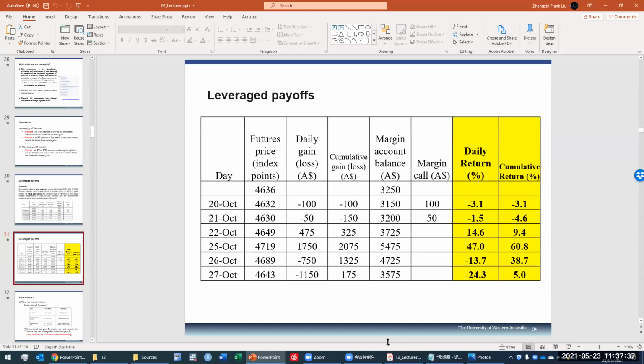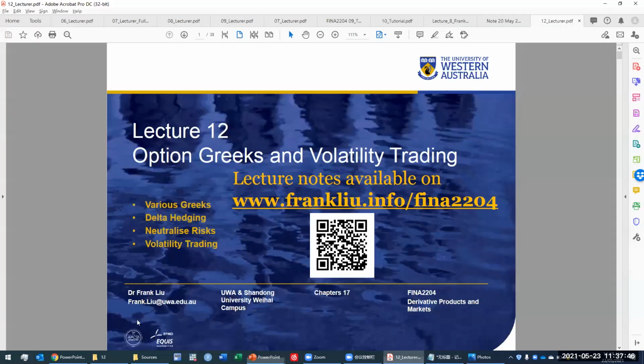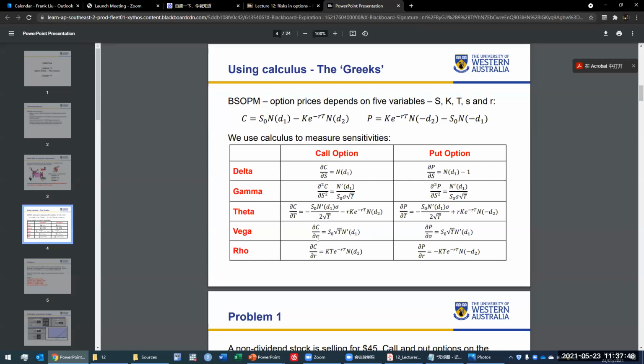Hopefully that table gives you an intuitive understanding of why we care. So if the stock price goes up by 1%, what is the change to the call option premium? N(d1) is like the overnight return of your portfolio if you're holding one option. And the same thing for put option.